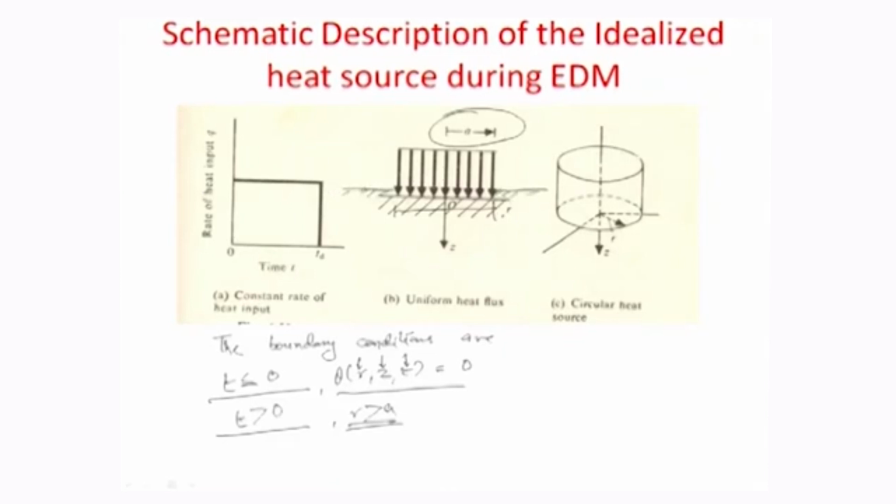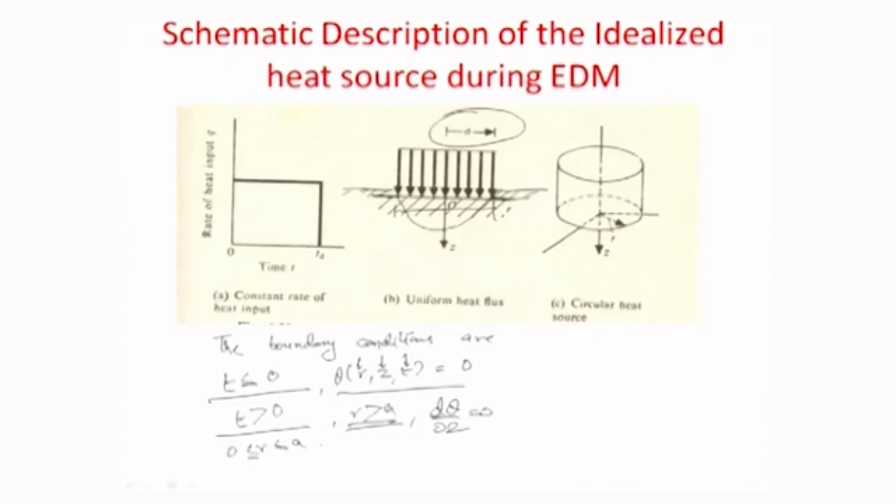So, you assume that for r greater than a, there is no variation of theta as such in the z direction, right. So, basically the crater formulates like this, and here there is no melting point which has been reached. Similarly, here in this zone there is no melting point which has been reached. And finally, we have for the region R between 0 and A.